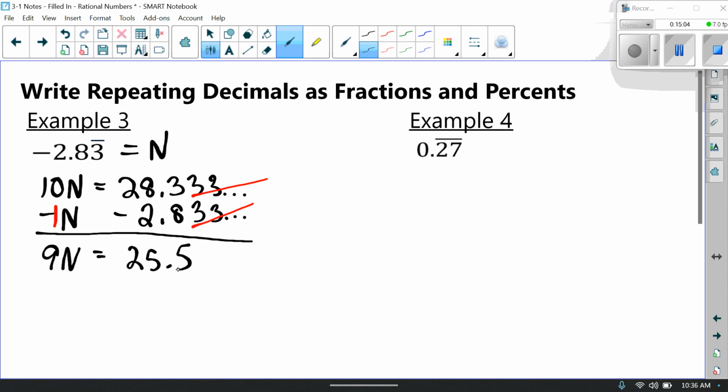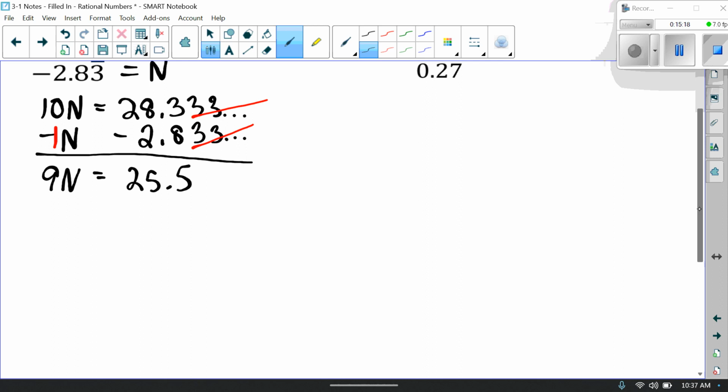Now, you guys know how to do this, right? 9 times n is equal to 25.5. How do I get that n by itself? Okay, so we're going to divide by 9 on both sides. So those 9's cancel.